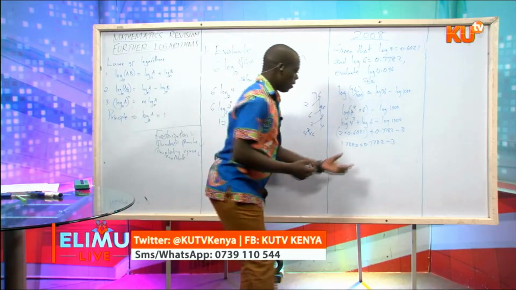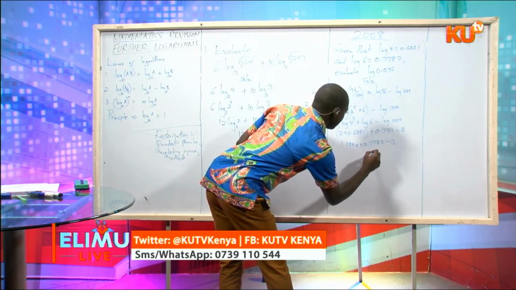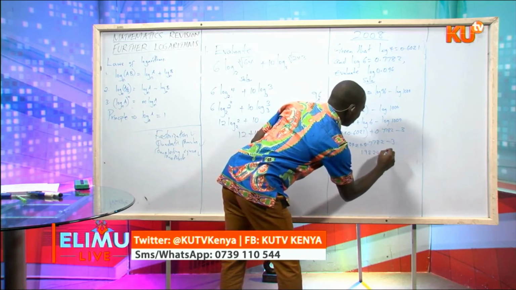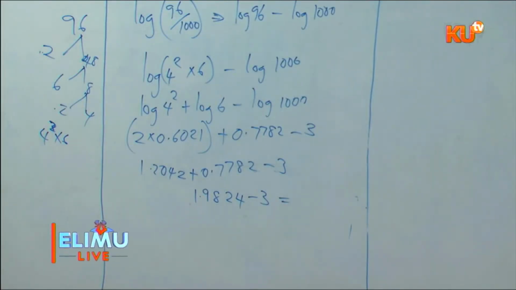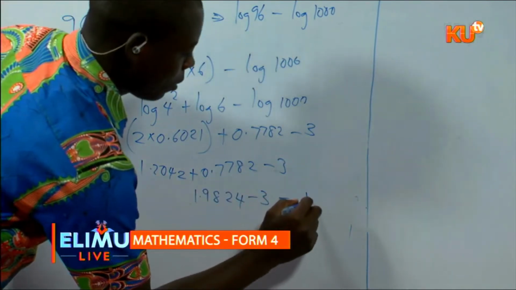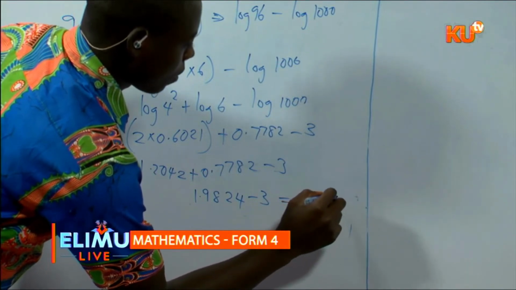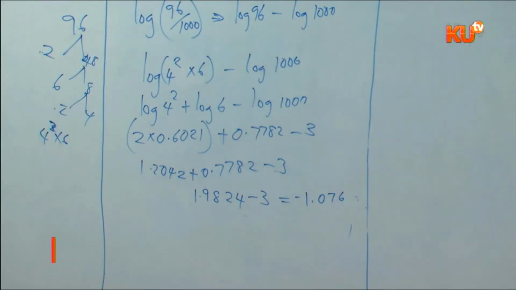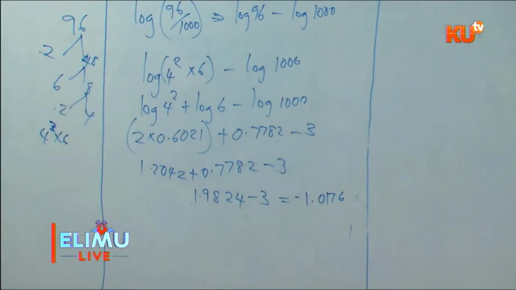If we work out this one, we have 1.2042 plus 0.7782, that is 1.9824, minus 3, which gives negative 1.0176. So that becomes our working for that.